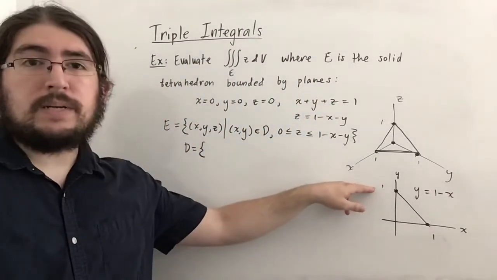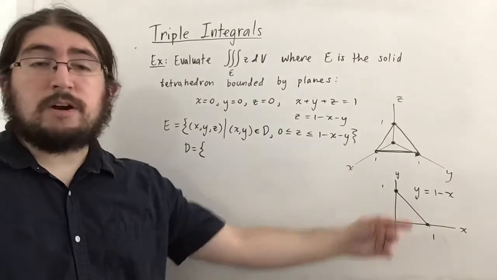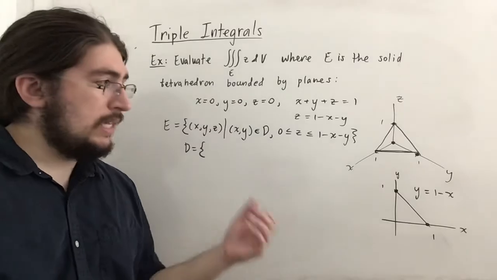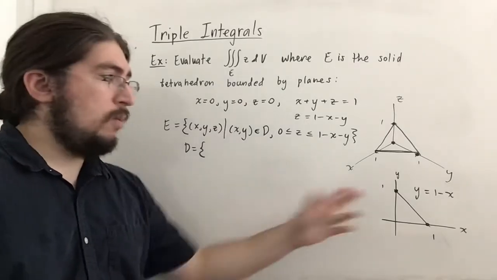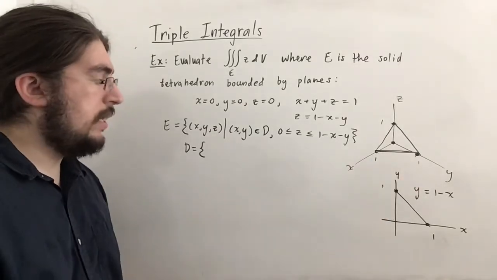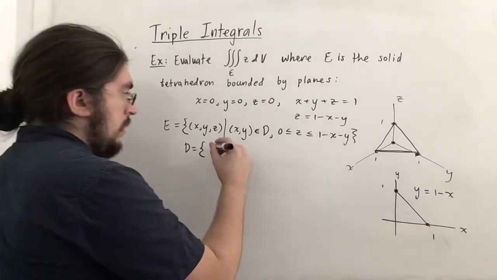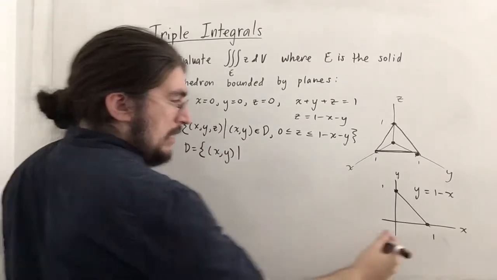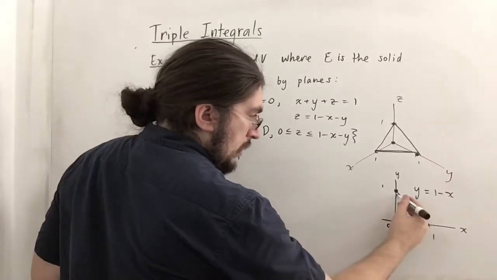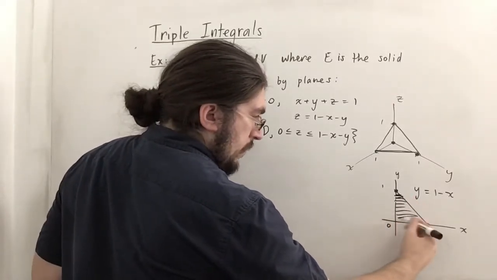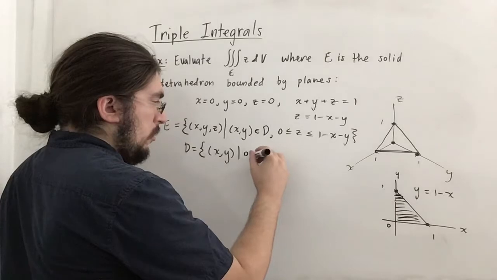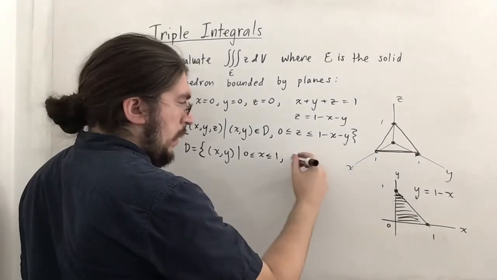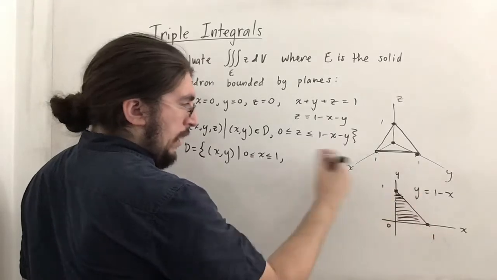It has a y-intercept of 1 and a slope of negative 1 over 1, because it goes down 1 over 1. So by y equals mx plus b, it's y equals negative x plus 1, or 1 minus x if you like. With that being said, D is the set of all points (x, y) where x is in between 0 and 1, because this is our domain here, but y is in between 0 and 1 minus x.